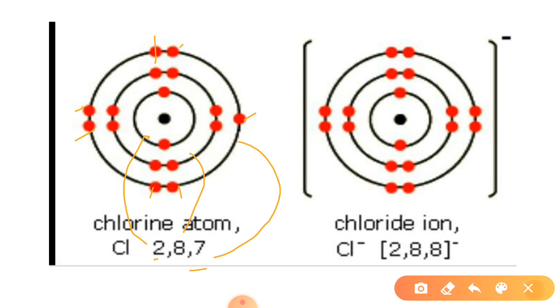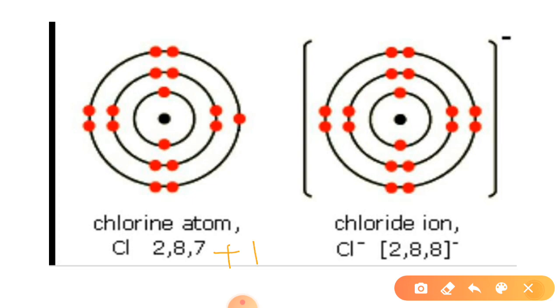So can you suggest what this atom will do? Yes, the atom either loses these 7 electrons, then this orbit will finish, and it will be left with the 8-electron orbit. But to lose 7 electrons is very difficult, whereas to gain 1 electron is much easier. So what will it do? It will gain one electron.